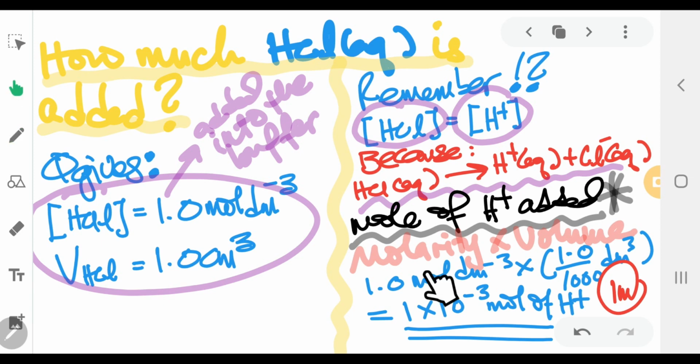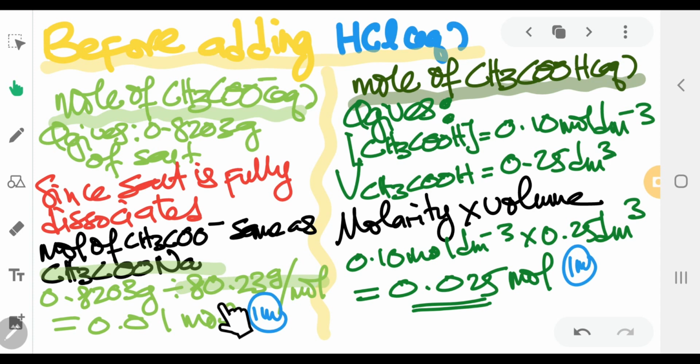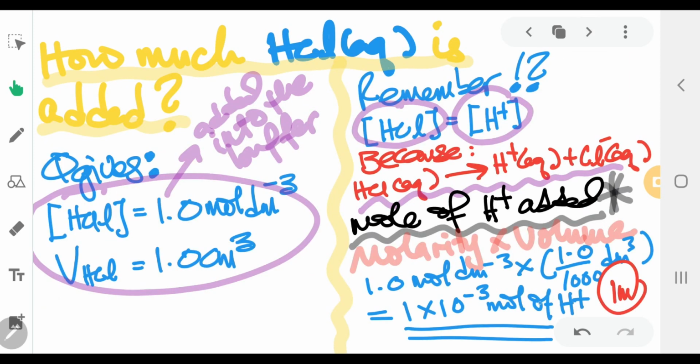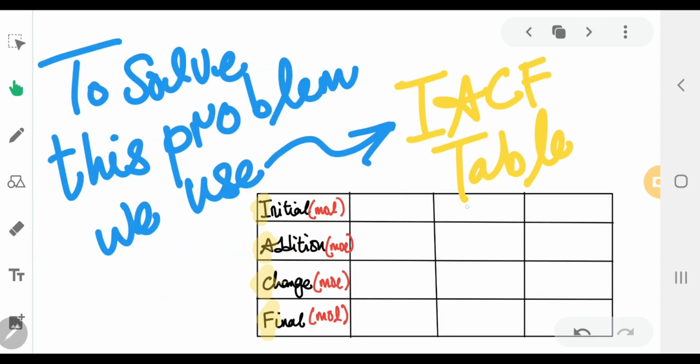We're going to take all of this, the number of mole for conjugate base, the number of mole for your weak acid, and also the number of mole of the added HCl, and we will be putting that into a table that is called the IACF table. The function of this table is different from the ICE table.